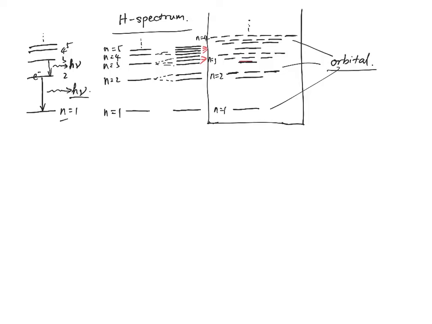But aside from n equal to 1, think about n equal to 2. How many orbitals do you have? You have 1 lower energy orbital and 3 higher energy orbitals, right? Where is your electron?